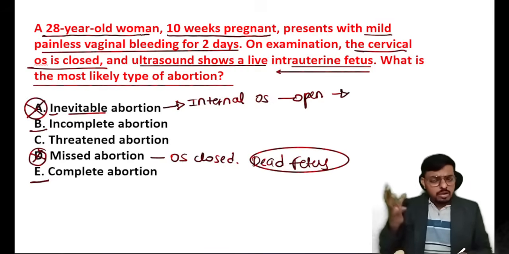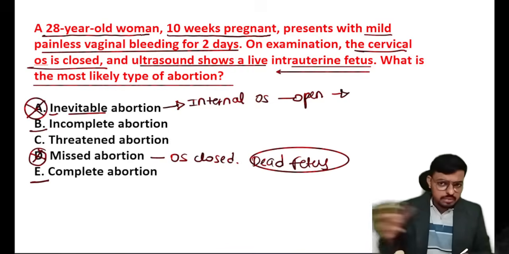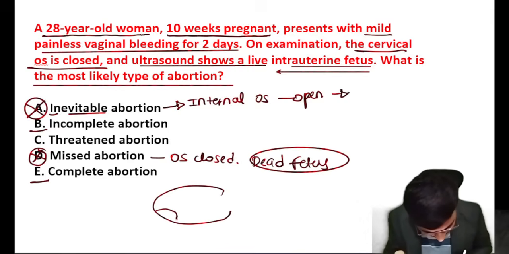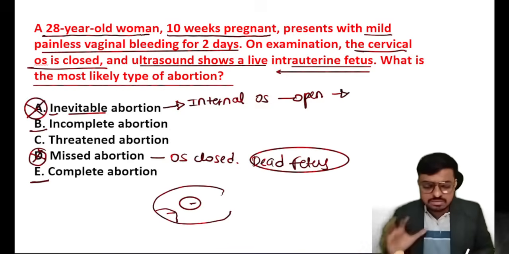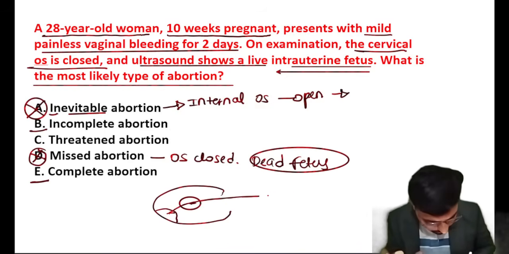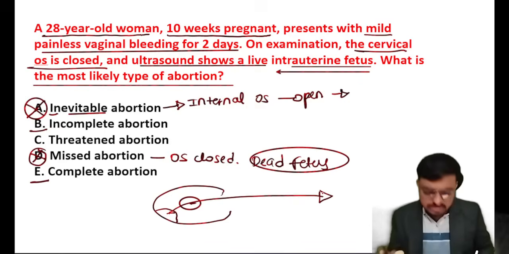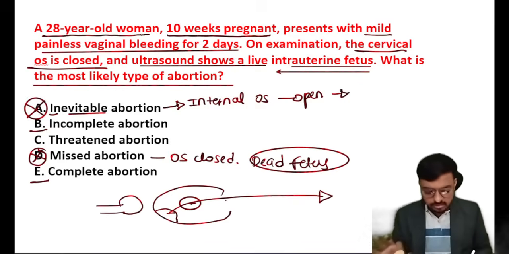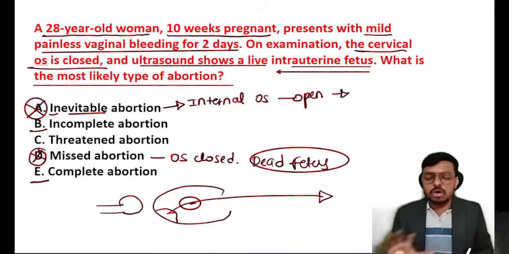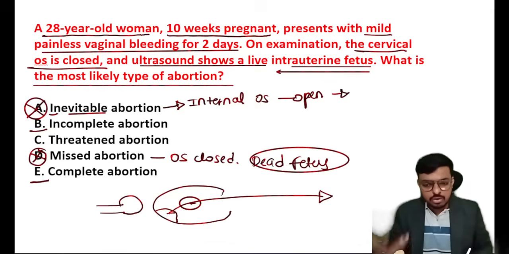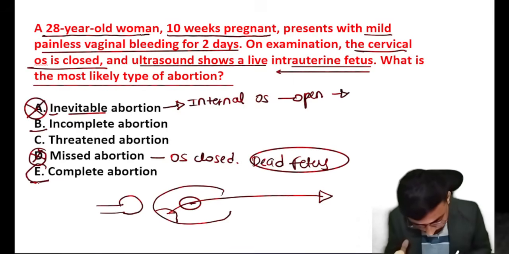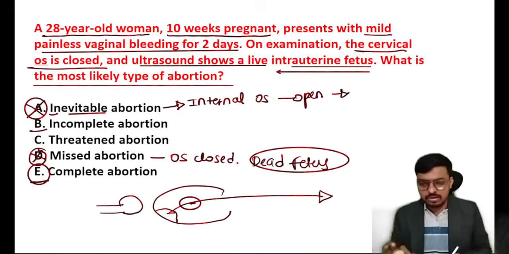If the complete product of conception comes out of the uterus, where the product of conception means the placenta and the fetus, and on ultrasonography we get an empty uterus, that is what we call complete abortion.